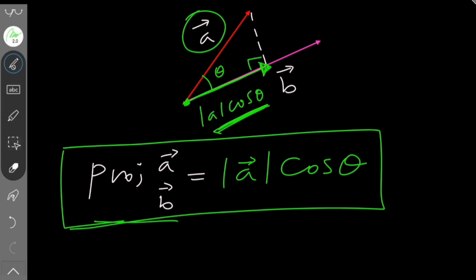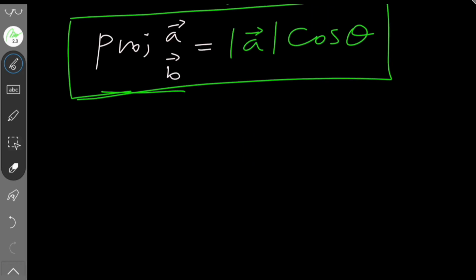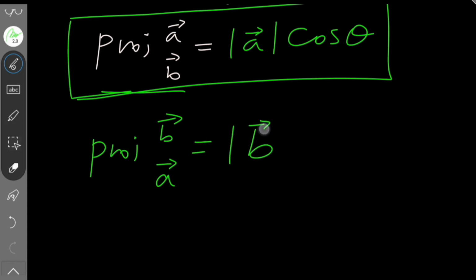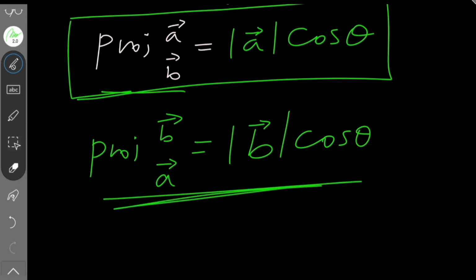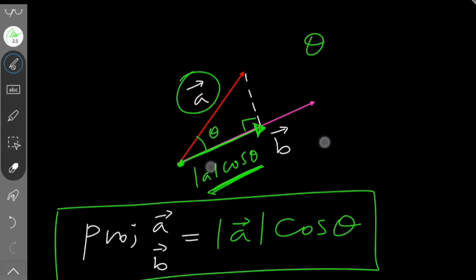This is what we call the geometrical meaning of the scalar product: the projection of one vector on the other vector. Similarly, if we are asked to find the projection of vector b on vector a, we take magnitude of vector b times cos theta. This is the projection of b on a.